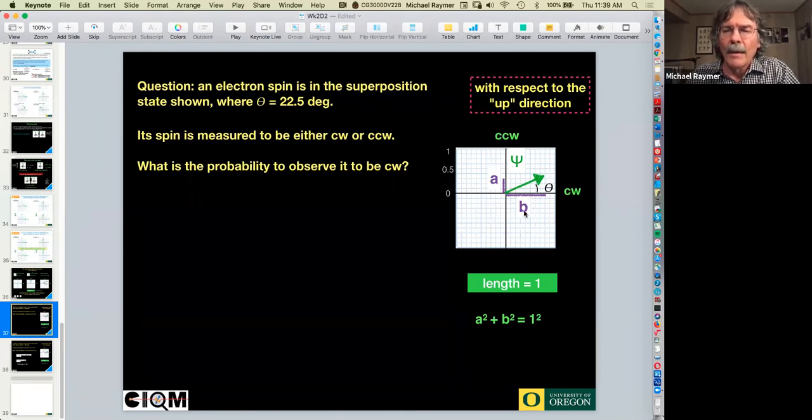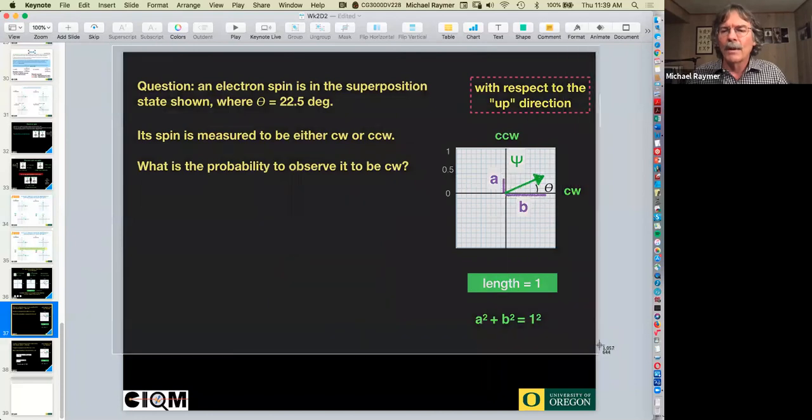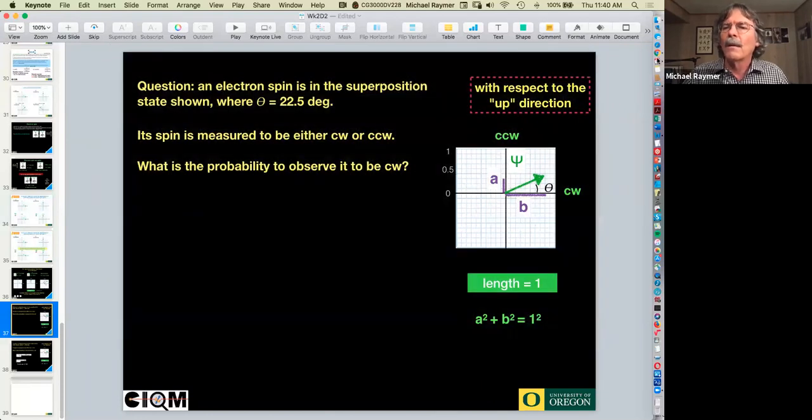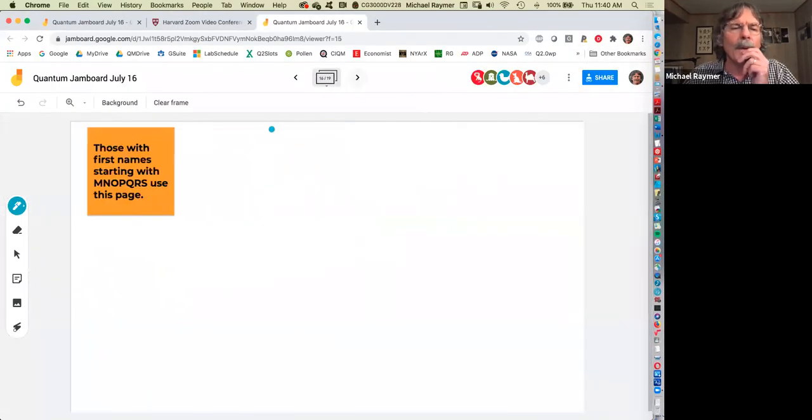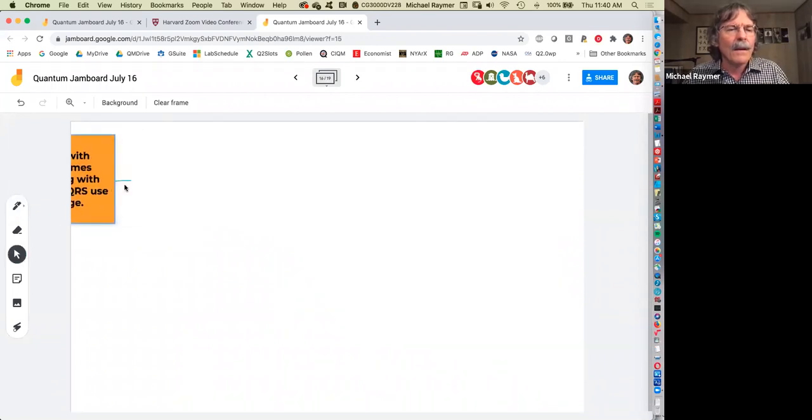So looking at the diagram here, if you know this is 22.5 degrees, you can either eyeball it. Why don't I create a Jamboard for this? Let's go to the Jamboard, page 16, just the next page from where we were.